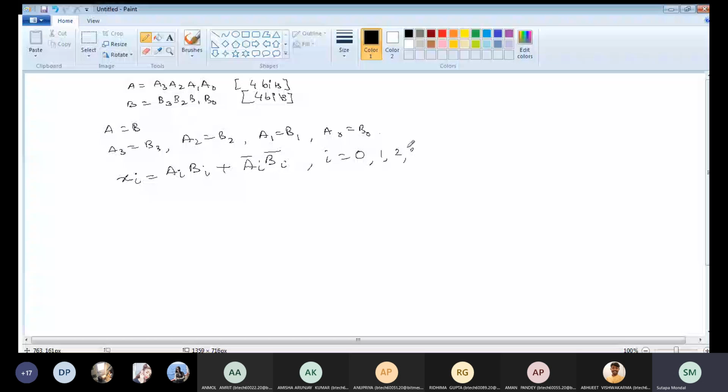Here, as we have taken 4 bits, i will start from 0, then 1, then 2, then 3, all the 4 bits. So this is our condition: X0 is equal to A0 B0 plus A0 bar B0 bar, X1 is equal to A1 B1 plus A1 bar B1 bar, and like this it will go.